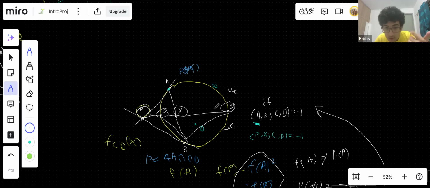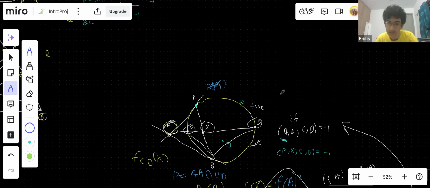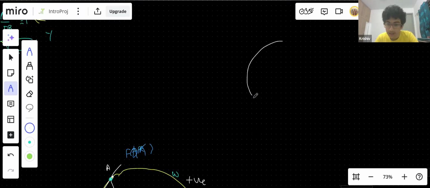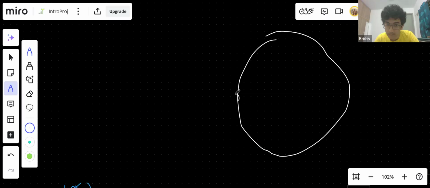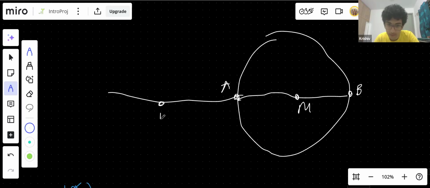And now, if we go back to what we were saying about inverses, if we take this circle and we have point A, point B, and this is O or M, basically the midpoint, and we have a point P outside, and I draw the tangents.